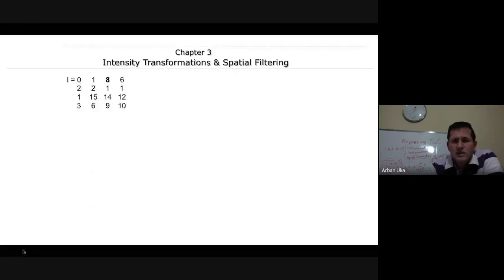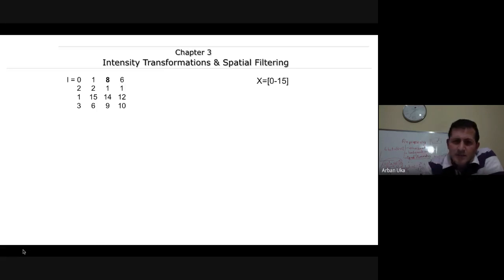So let's see an image which is not an image. This is a matrix which is 4-bit information. It is 4-bit because we have values which vary from 0 to 15: 2 to the power 4, 2 times 2, 4, 8, 16, minus 1, 15.